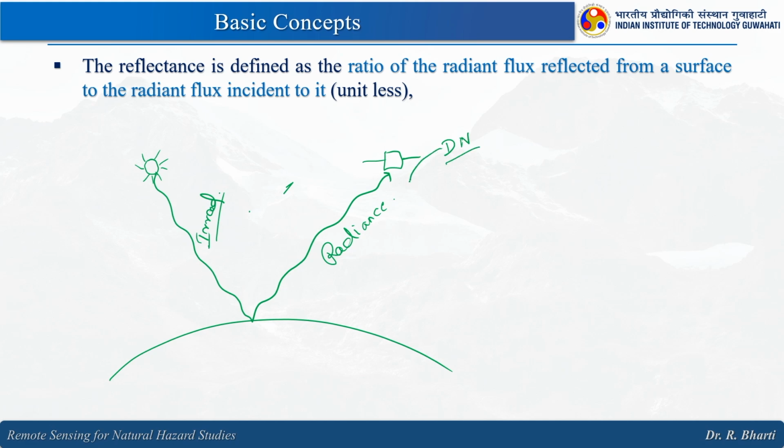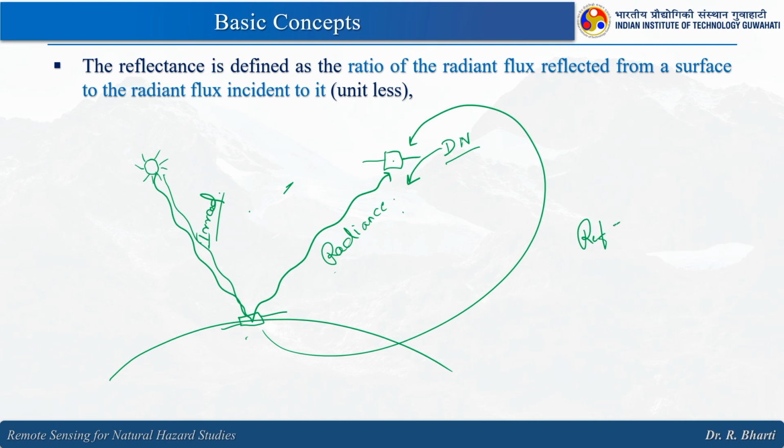We have converted the DN number to radiance using the scaling factor that is available from the space agency when you download the data. So, now assuming that you have a radiance and you also have a irradiance, because the same sensor you can put it here and then you will measure how much amount of energy which is reaching to the surface, and then the same sensor is placed here to measure how much of energy is reflected from the surface, right.